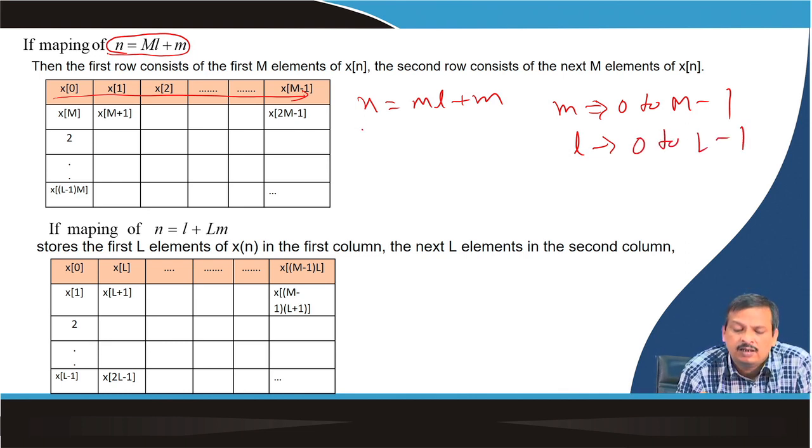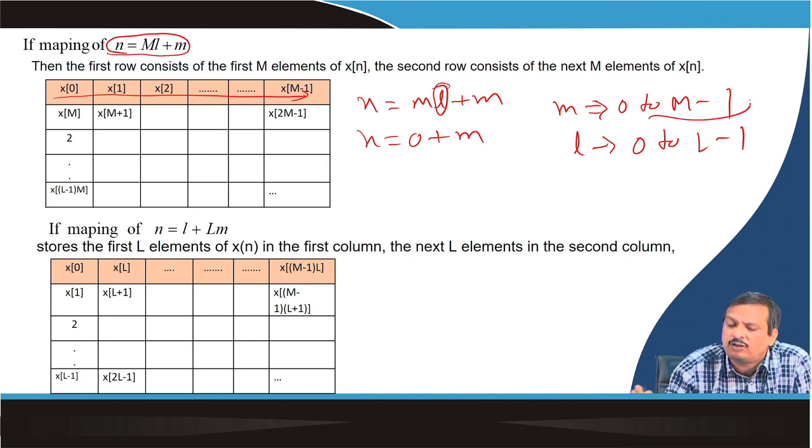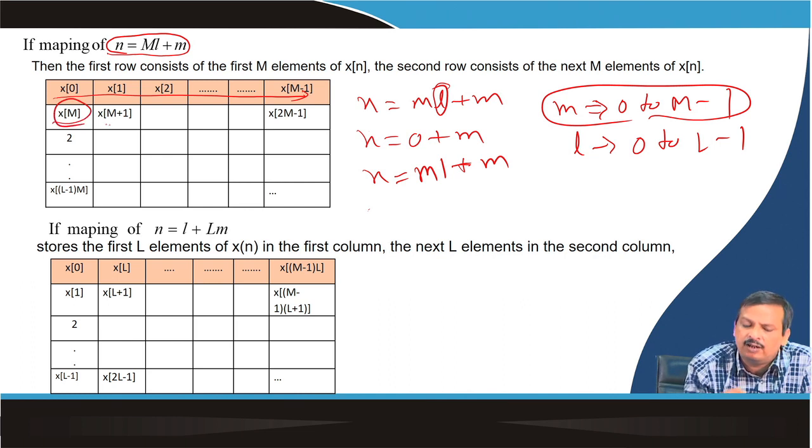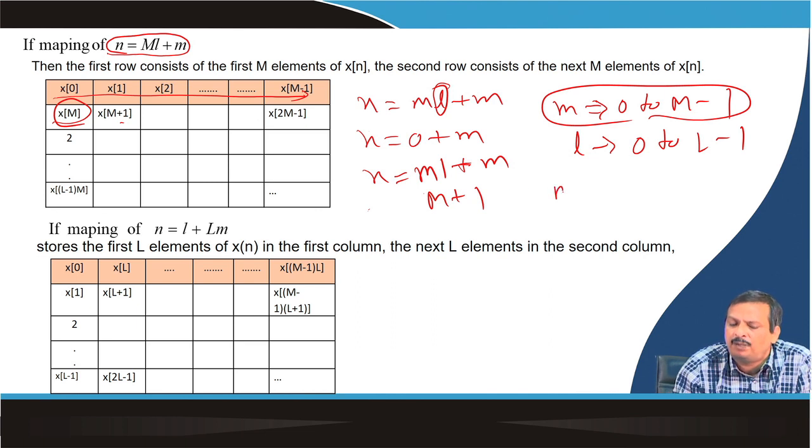You can see that when l is equal to 0, m varies for every l. So for l equal to 0, n equal to 0 plus m, so from 0 to M minus 1. Then when l equal to 1, n equal to M into 1 plus m. So first we will start from x of M, then x of M plus 1, then M plus 2, up to 2M minus 1.